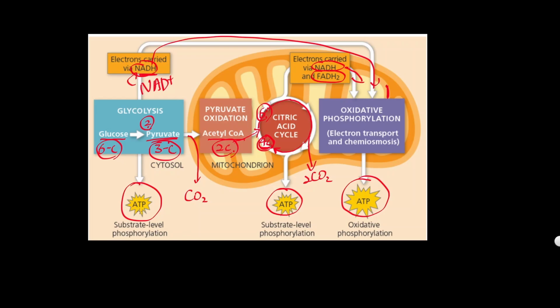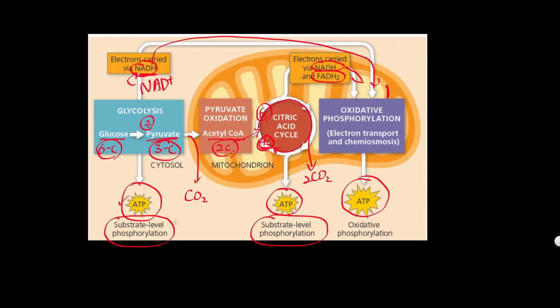Now, if you make ATP, or phosphorylate ADP into ATP, using an enzyme where ADP and inorganic phosphate are the substrates for that enzyme, you call that substrate level phosphorylation. And it happens in glycolysis when they make ATP, and it happens in the Krebs cycle.